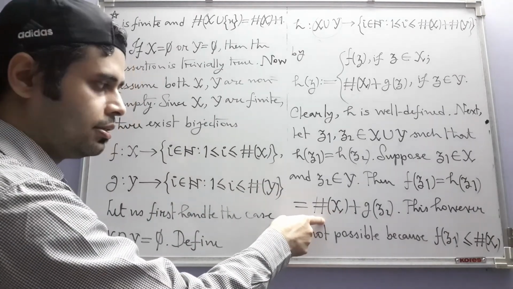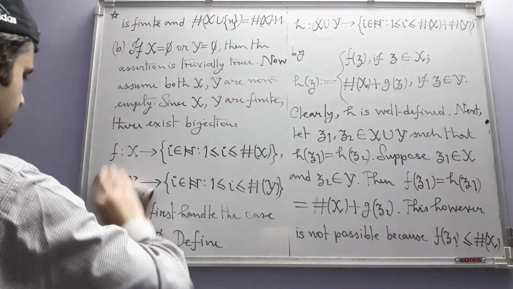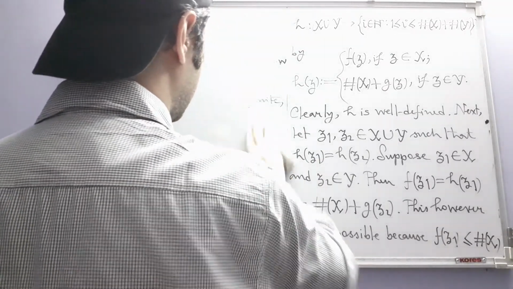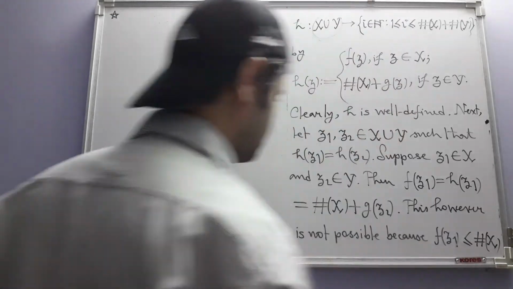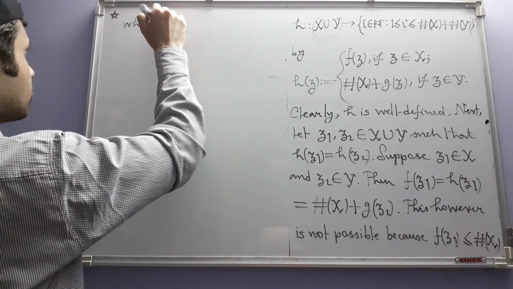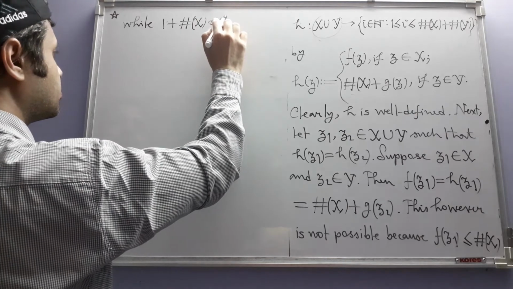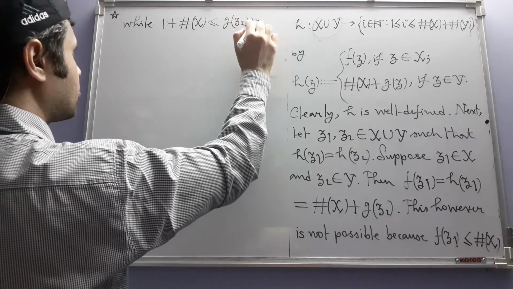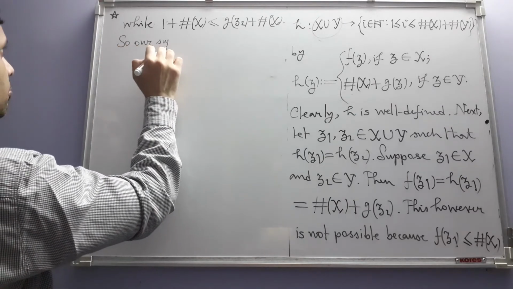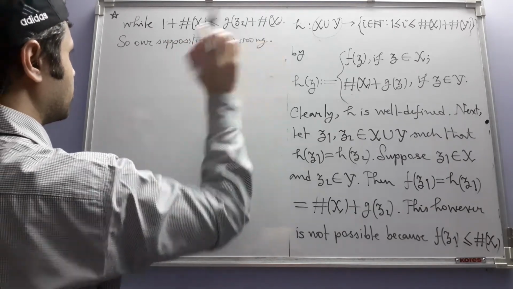So G of Z2 plus cardinality of X is greater than or equal to 1 plus cardinality of X. So how can these two be equal? So our supposition is wrong.